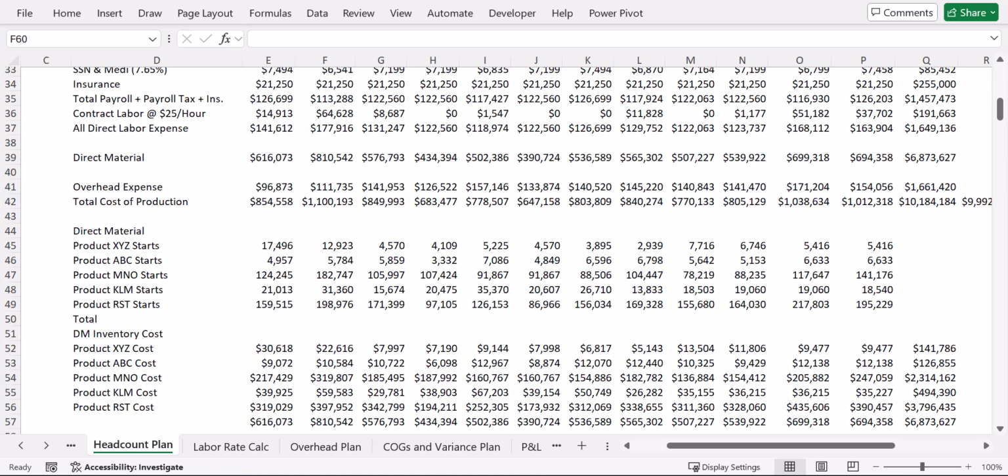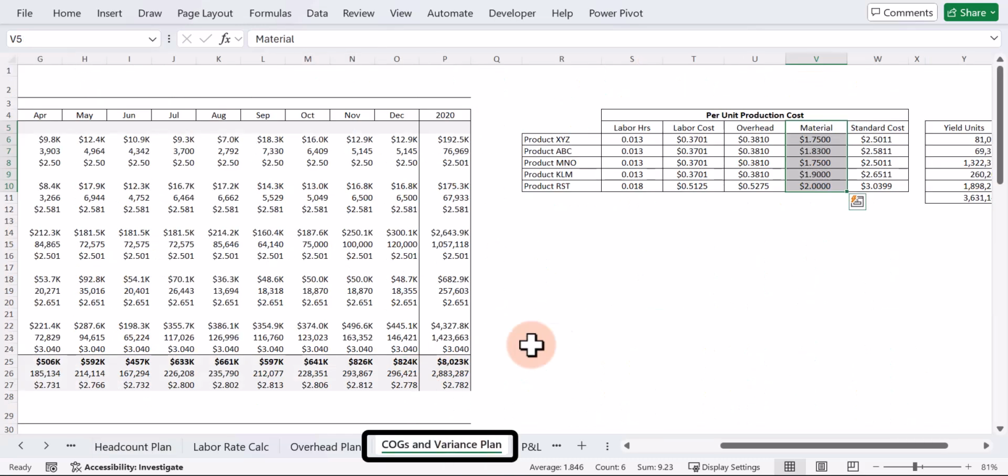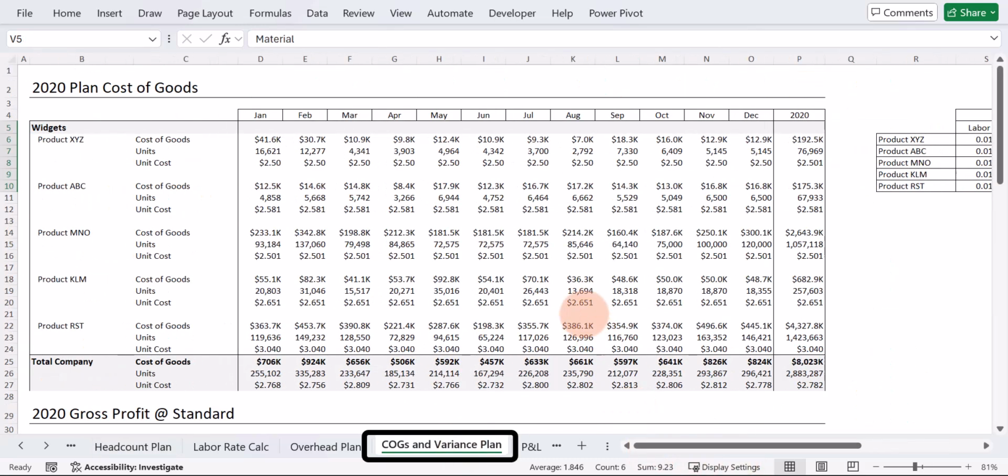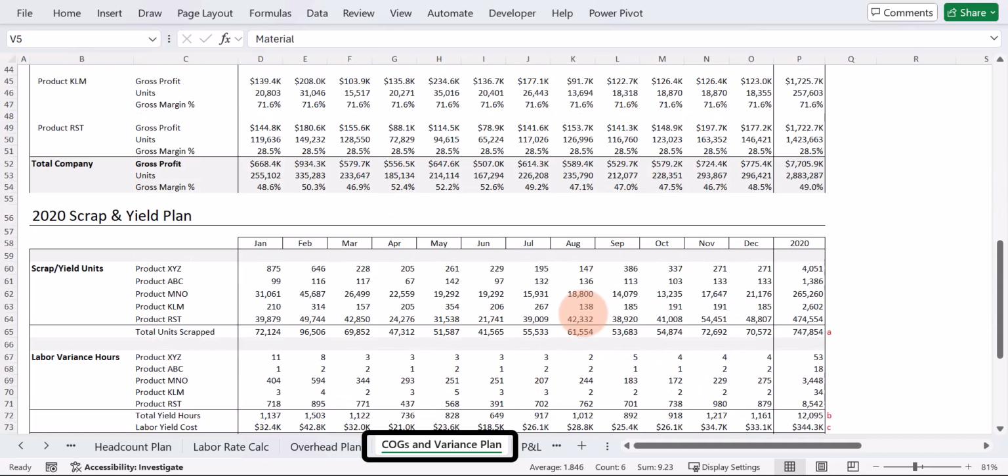Now that's kind of the final piece of the puzzle that we need to start calculating out more pieces of our P&L. So we're going to move over here to this COGS and variance plan spreadsheet. Now we want to start down here at the bottom.